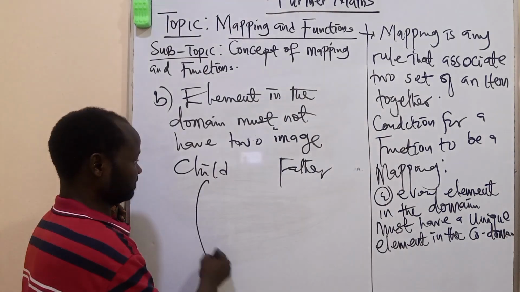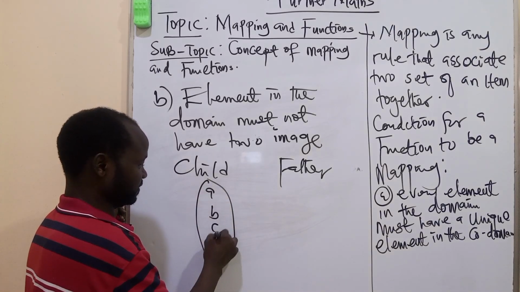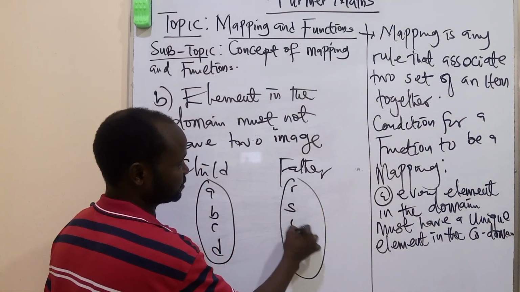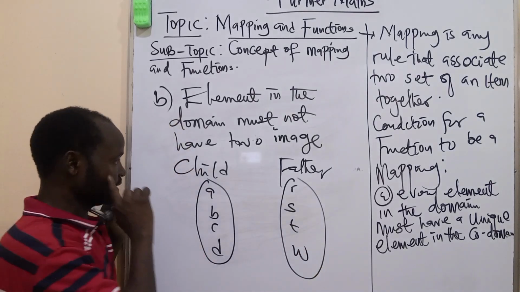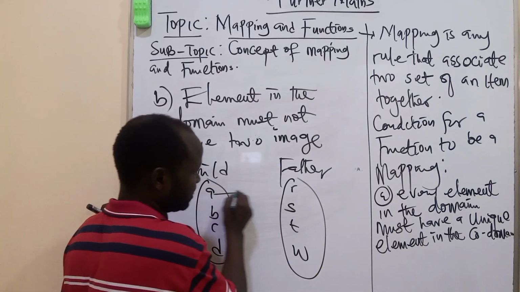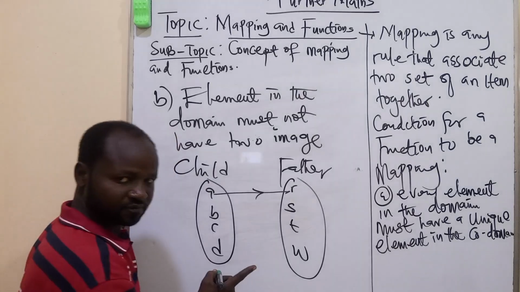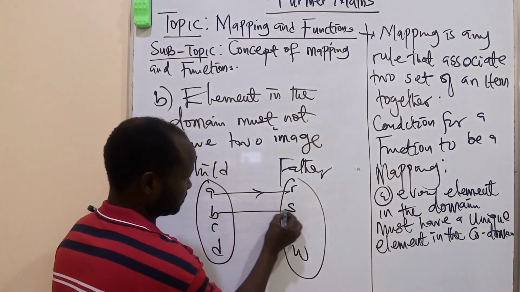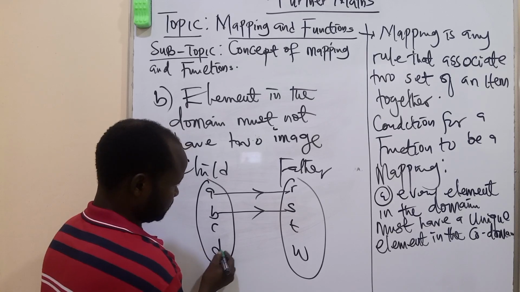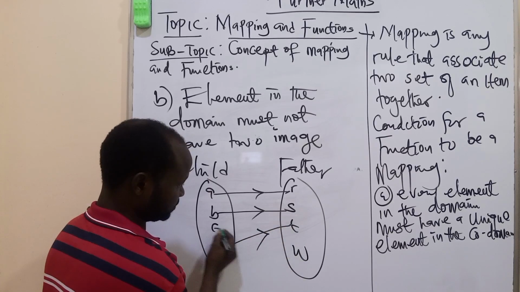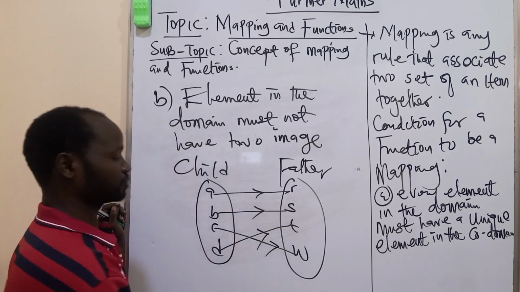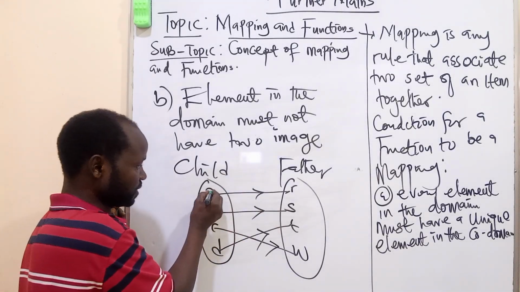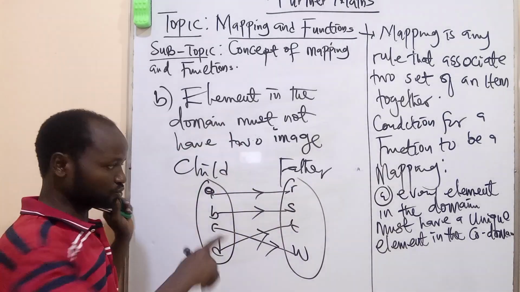So let's say we have a set A, B, C, D, and another one as R, S, T, W. Child A can only have one father. That's what we mean by function. Child B can have only one, then even D, the same thing. This is a function. It means, biologically speaking, a child can have only one father, not two fathers.